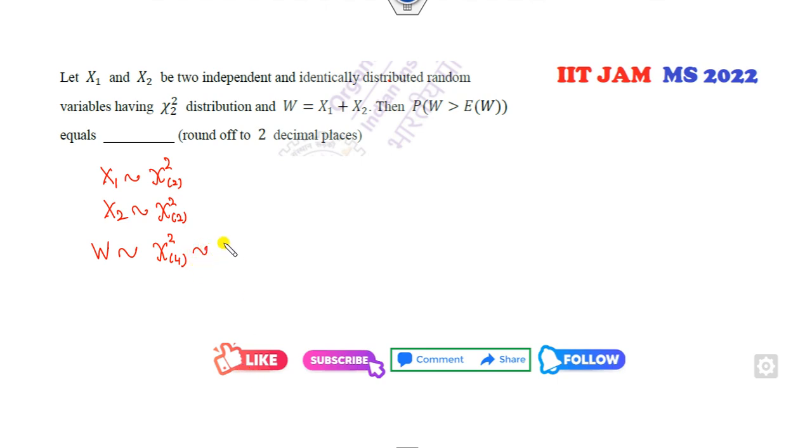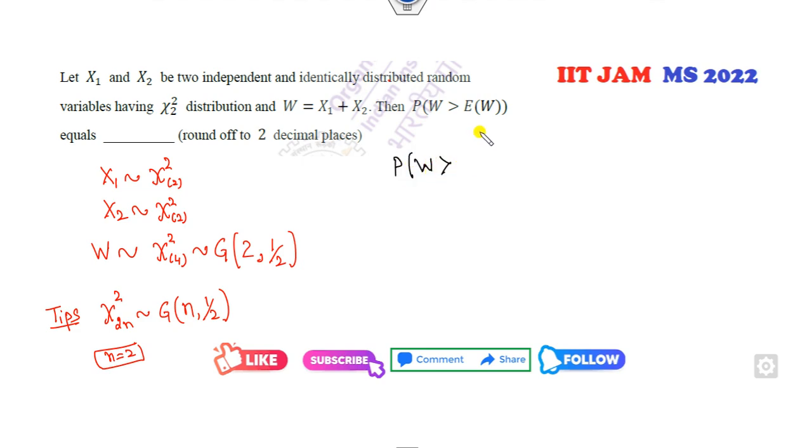So I can write this again in terms of the gamma, that is 2 comma 1 over 2. Why? Because I can compare them with the help of here. Fine. So n is my 2. Clear? Now what is given to you? Find the probability of W greater than the expected value of W.